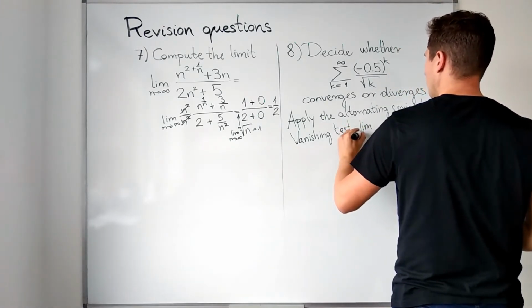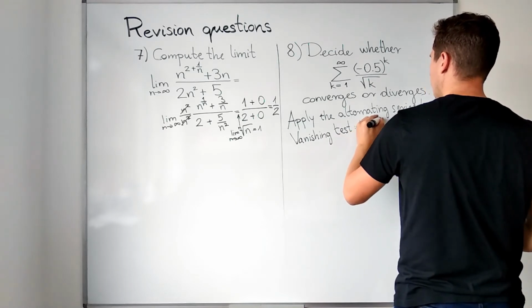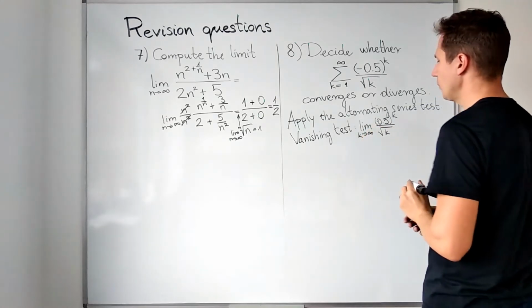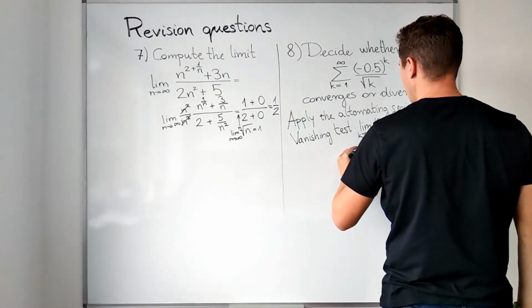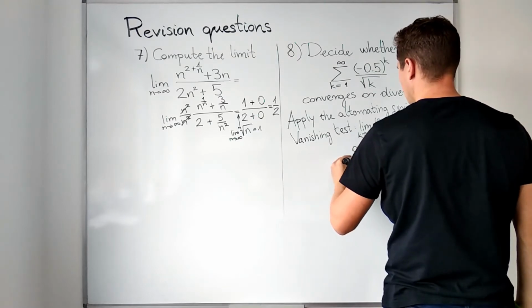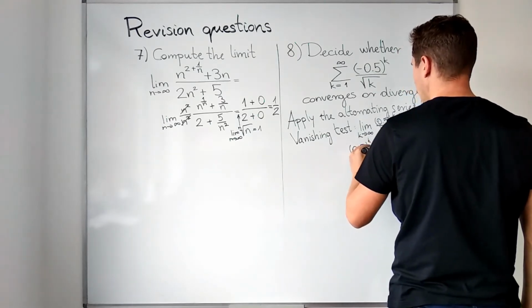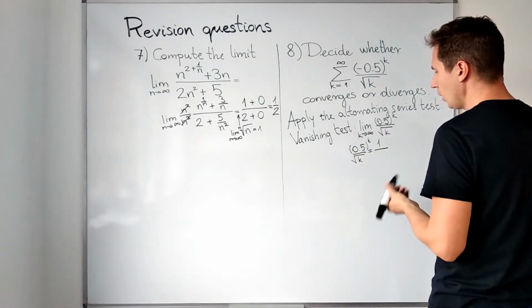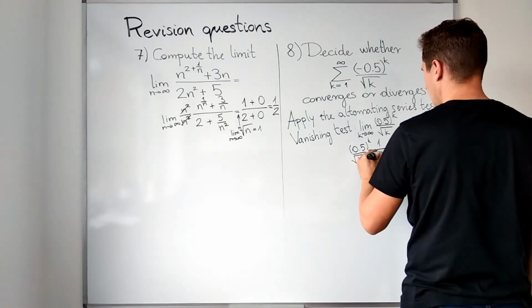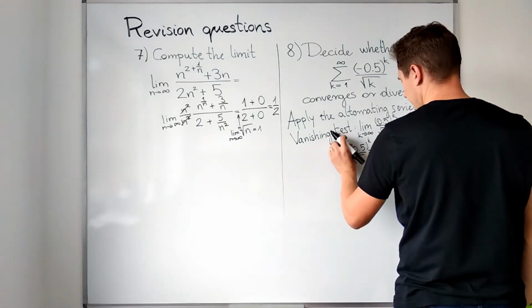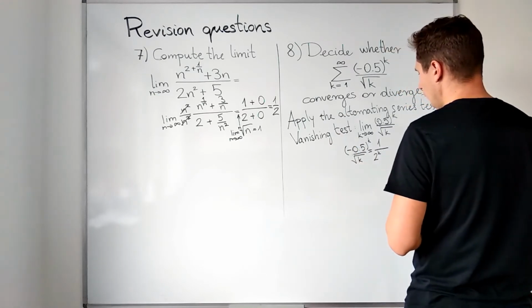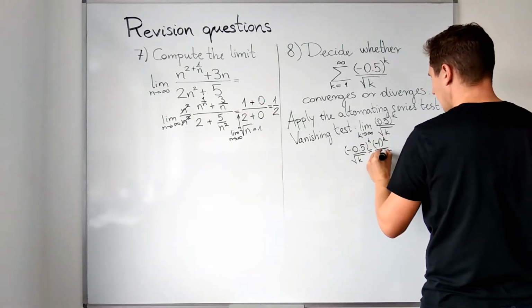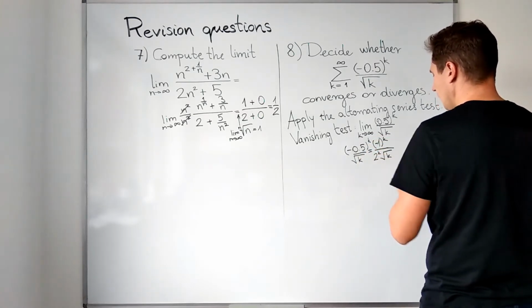So we have to consider the limit of 0.5 to the power k divided by root k as k goes to infinity. For this, all we have to do is realize that 0.5 is just a half, so that is 1/2 to the power k, the same thing as 1 to the power k divided by 2 to the power k. So negative 1/2 to the power k is negative 1 to the power k divided by 2 to the power k, and then we'll have this root k in the denominator.